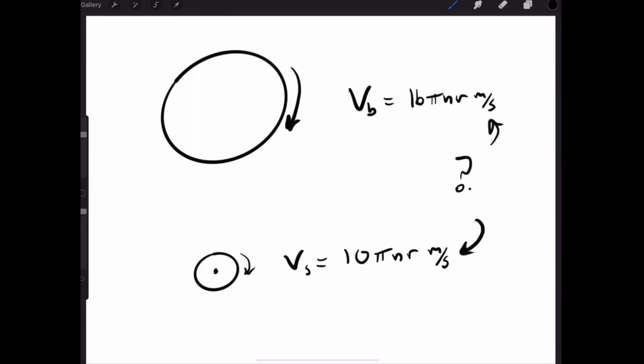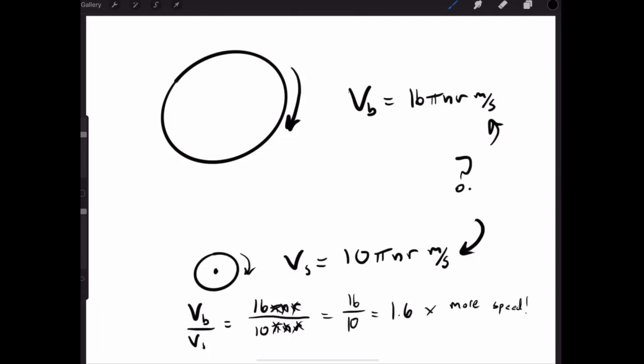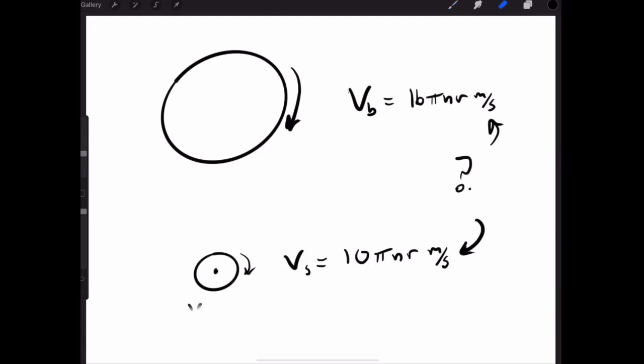Well, if you look at it, 16 versus 10, so the velocity of the bike is going to be larger. And if we take a ratio to find how many times greater it is, we can do one divided by the other, a bunch of stuff cancels, and we get 16 over 10, or 1.6 times greater. So the bike is 1.6 times faster than the skateboard.